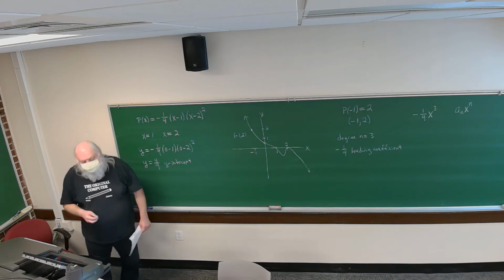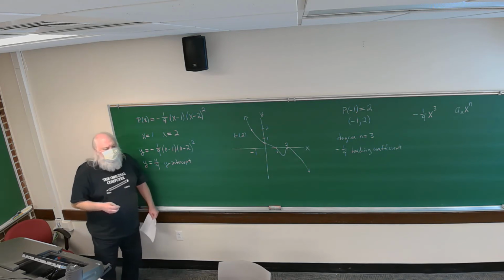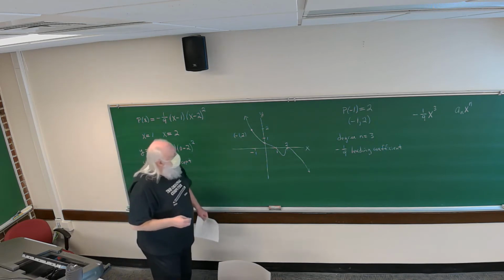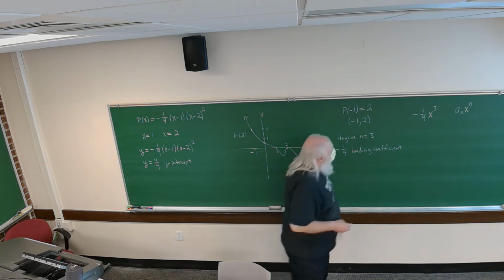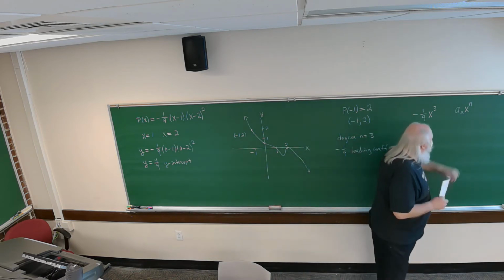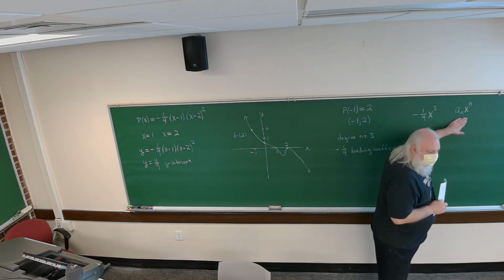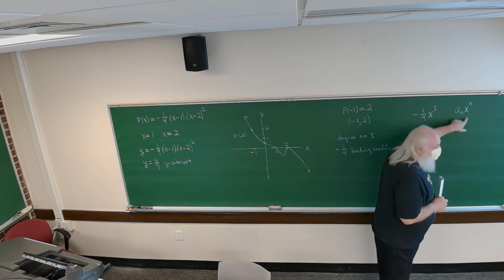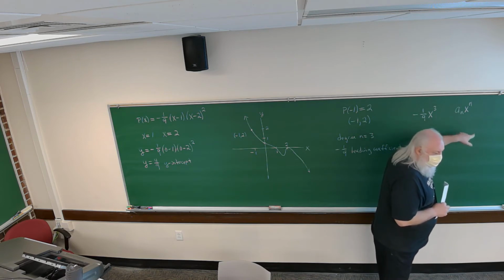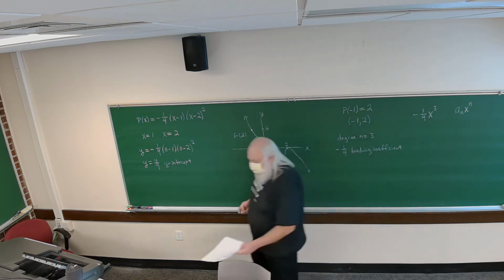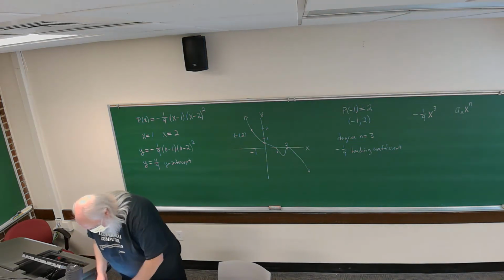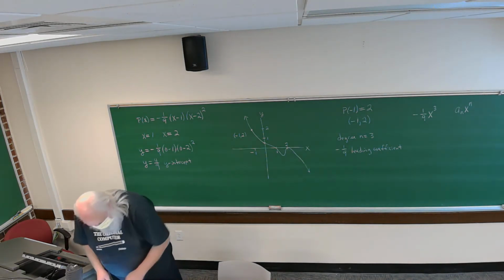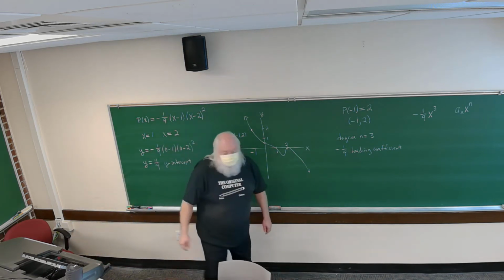Yes, ma'am. Could you explain the negative 1/9 and x to the third again up here? Well, the leading term of an unfactored polynomial is of this form: a sub n times x to the n. That's from our definition of polynomial function at the top of page 1. So, focus.